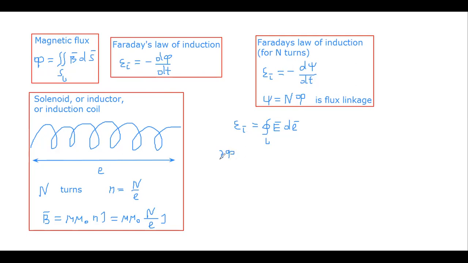So the derivative of magnetic flux can be written according to this. I have written a partial derivative because the magnetic field may depend not only on time but also on coordinates x, y, z.